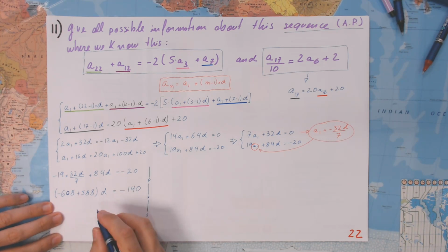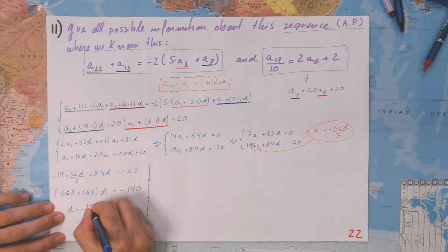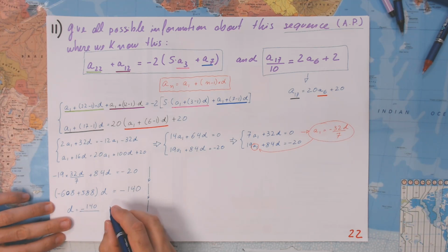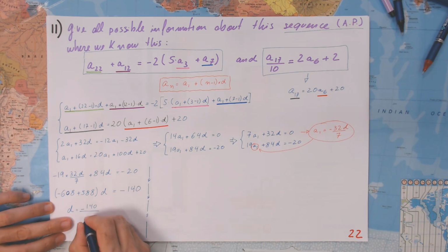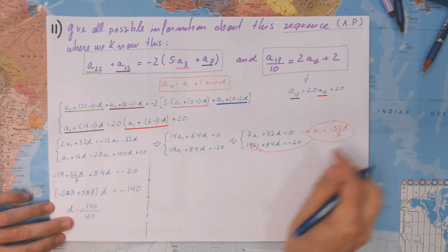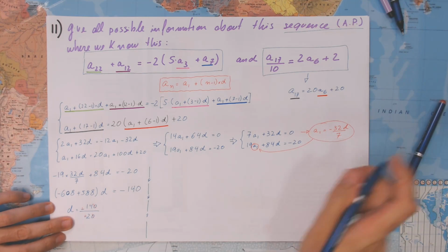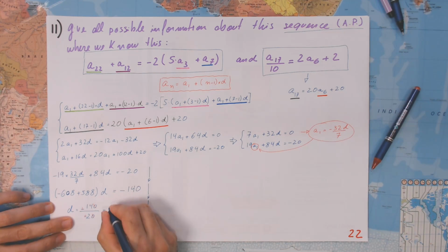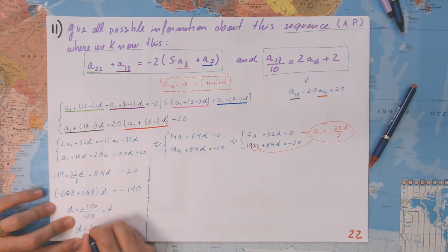Okay, and this gives me D equals minus 140 divided by minus 20. Cancel, cancel. Well, in the end, all this to get this. So our D equals 7.